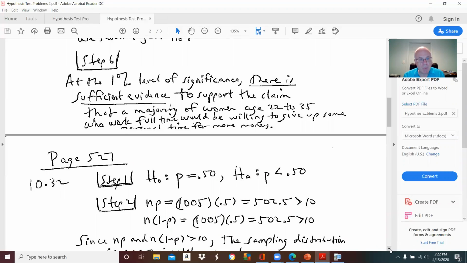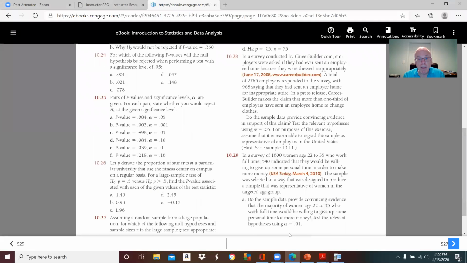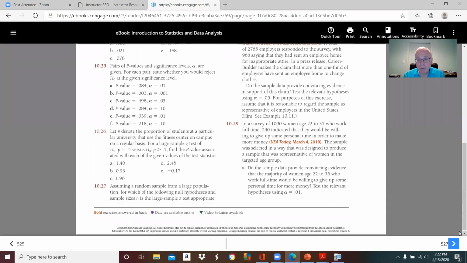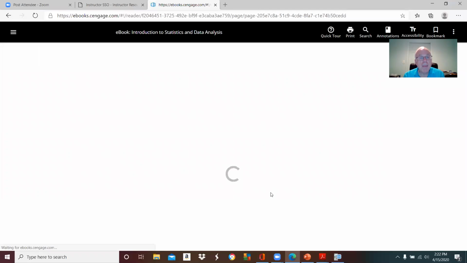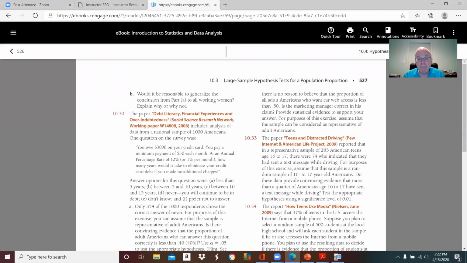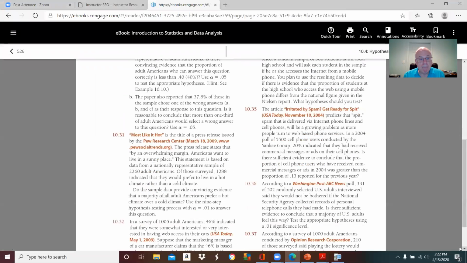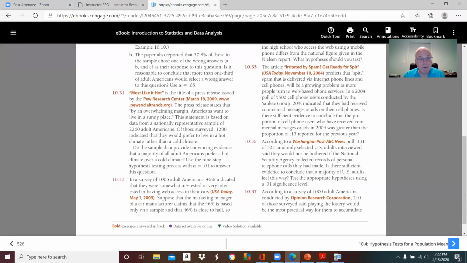All right, the next one would be 10.32. Let's go back to the book. And 10.32 is on the next page. In a survey of 1,005 adult Americans, 46% indicated they were somewhat interested or very interested in having web access in their cars.